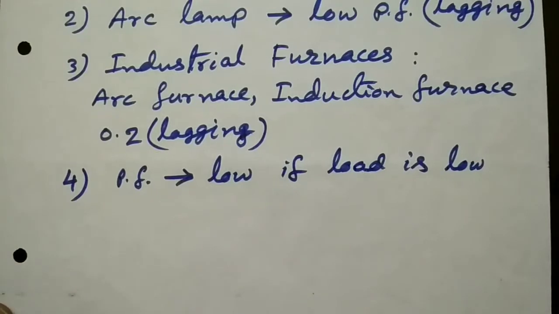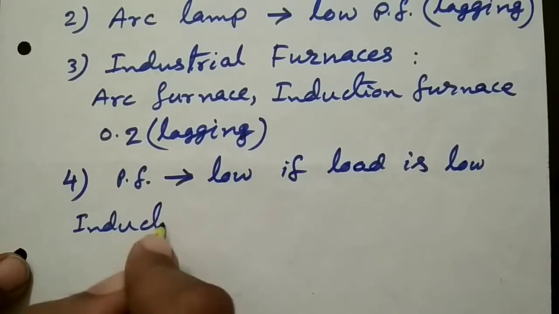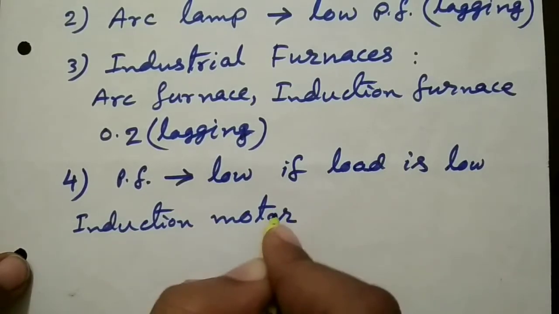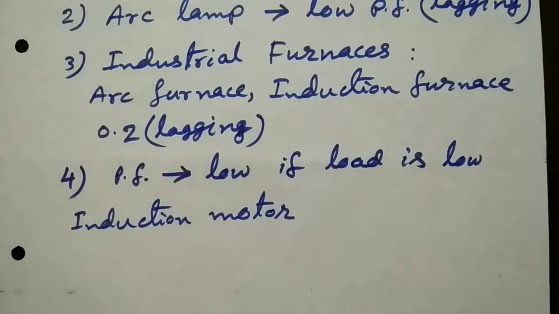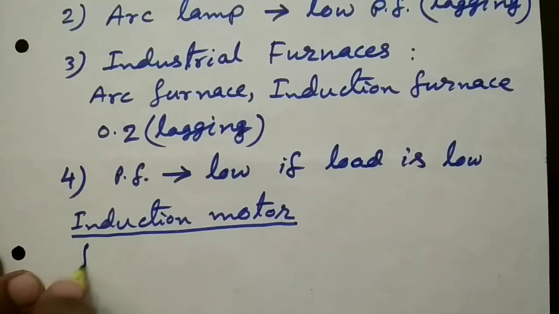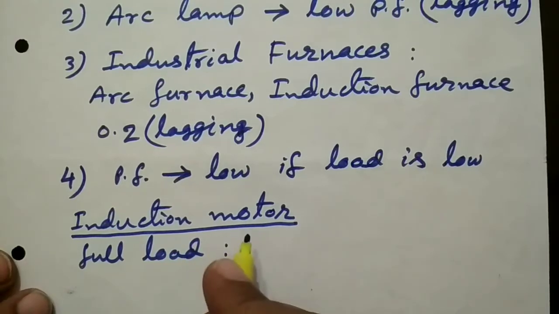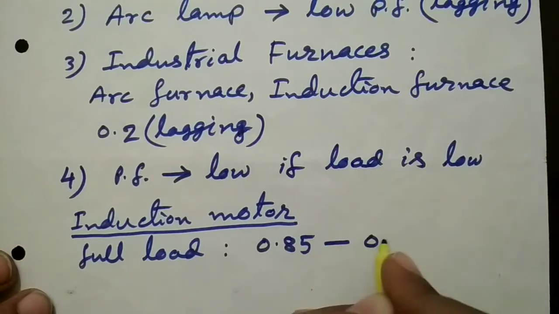For example, consider an induction motor, which is used in almost all applications. In households it is a single phase induction motor, in industry it is a 3-phase induction motor. If the induction motor runs at full load, then its power factor is 0.85 to 0.9.